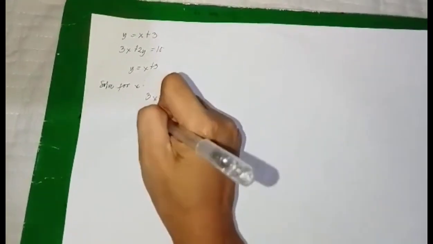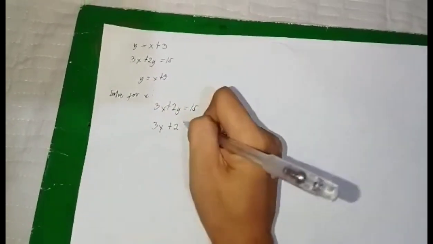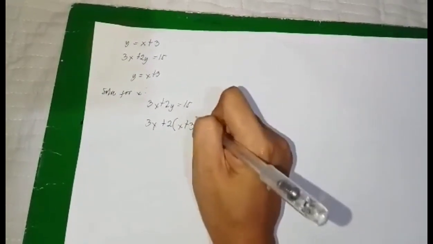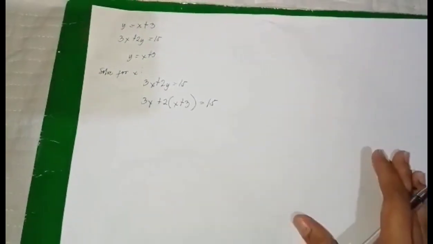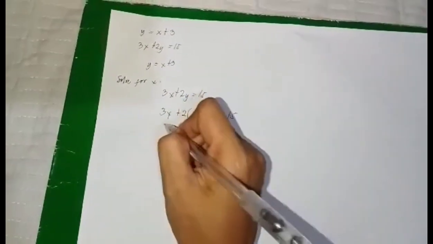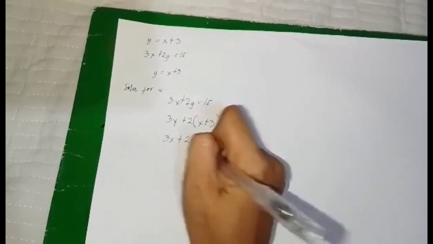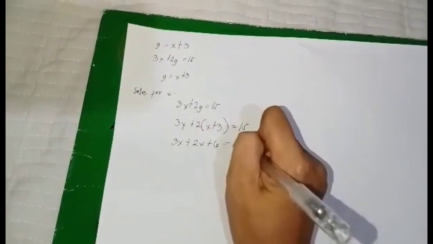So, 3x plus 2 times y, which is x plus 3, is equal to 15. Then, 3x plus 2x plus 6 is equal to 15.